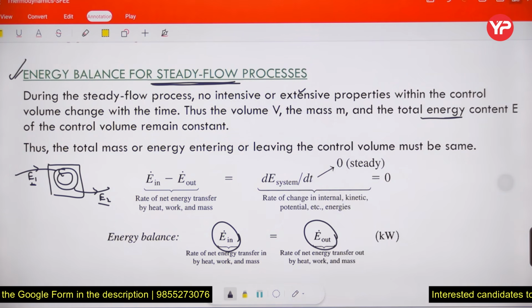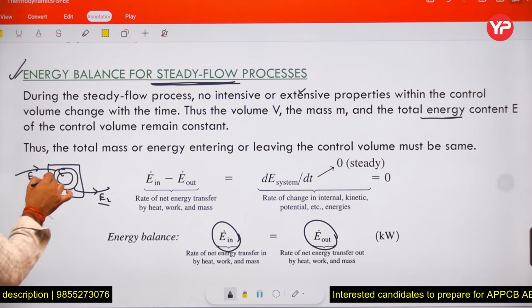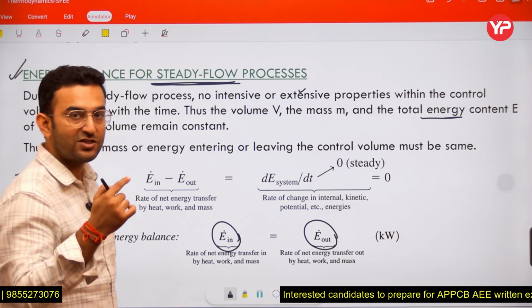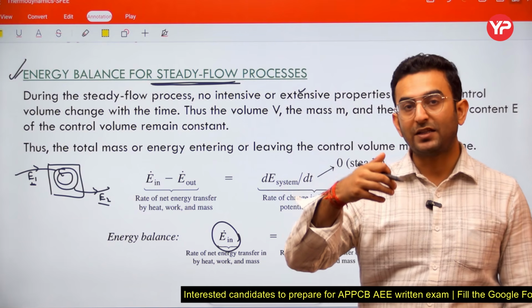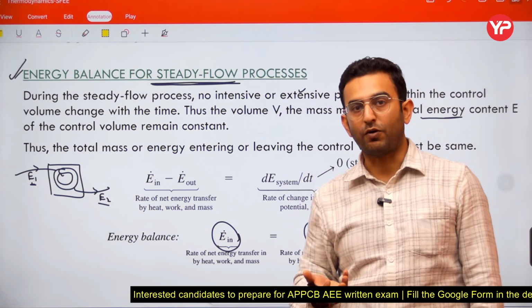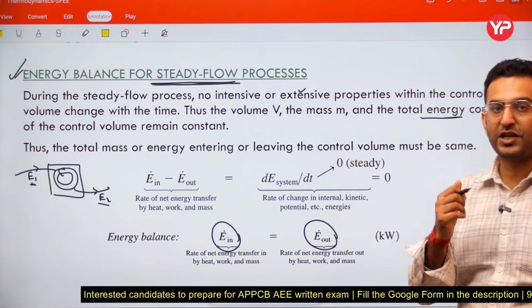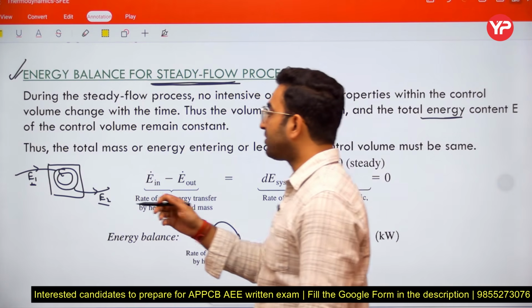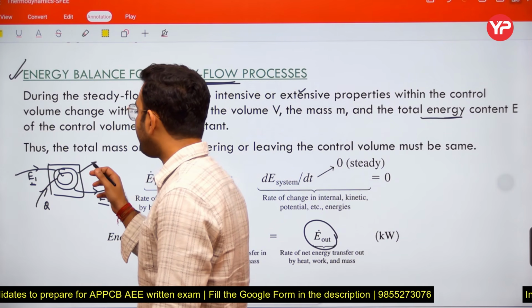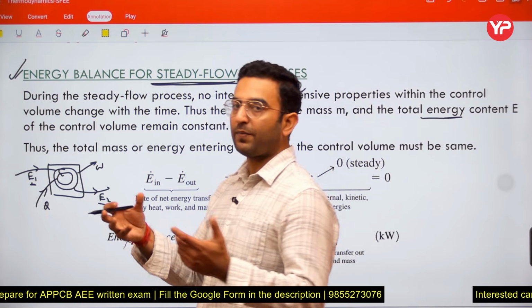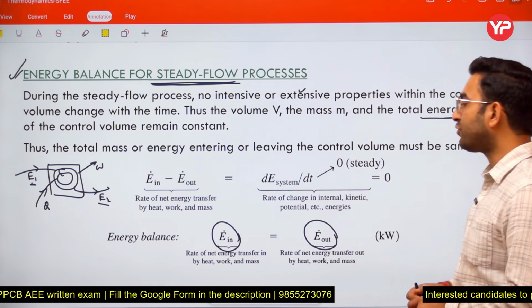If the system is not steady flow, in that case the energy inside the control volume may change. Why? Because let us suppose the temperature inside the body is changing continuously, so correspondingly internal energy will change. There will be some external energy transfer taking place through the surface here. So there we may have different types of cases. Okay, so remember that part.